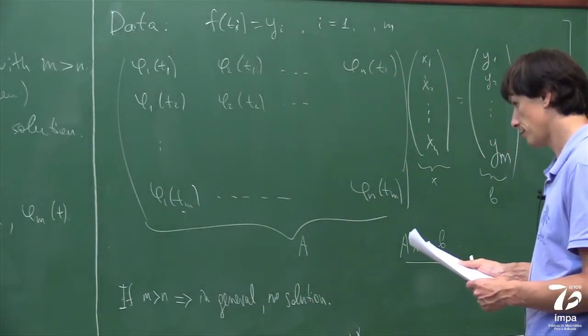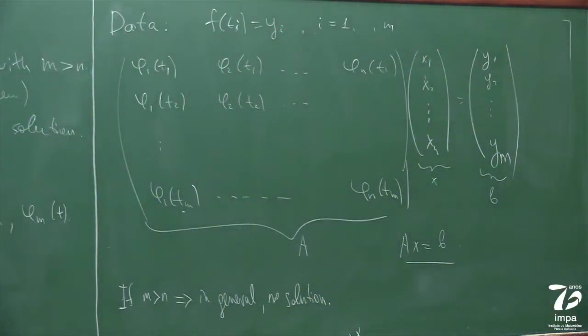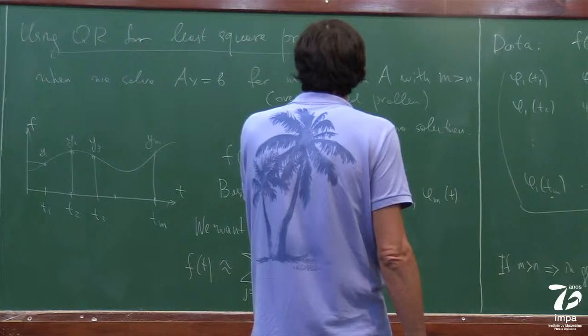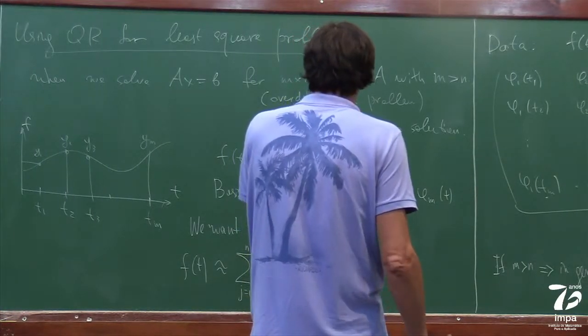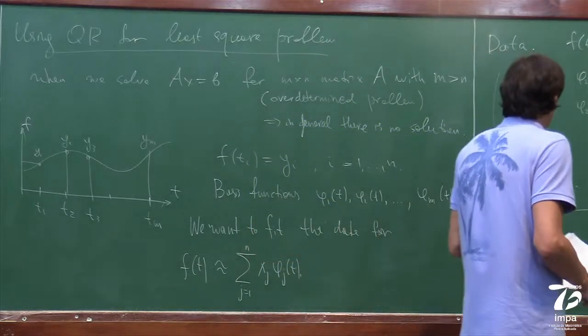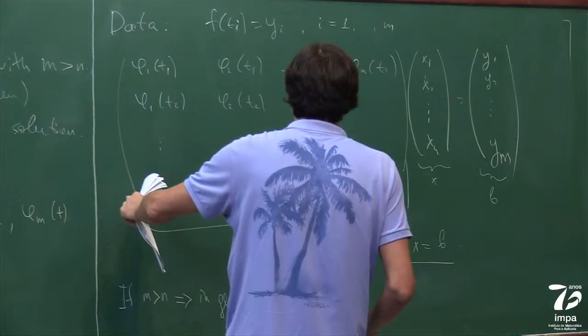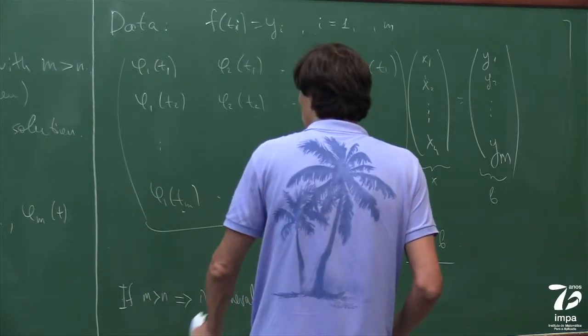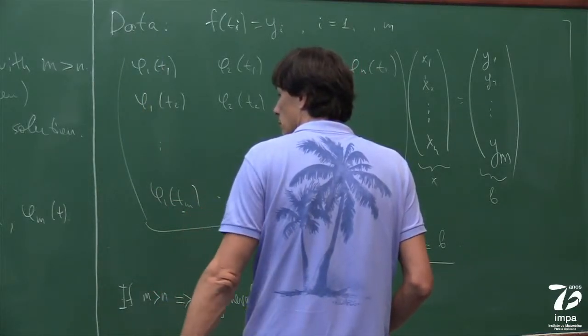So here we should have m smaller than n, right? Is it correct? Yeah, it's all the other way around. So this is 1 to m, and n. So if m is bigger than n, yes.